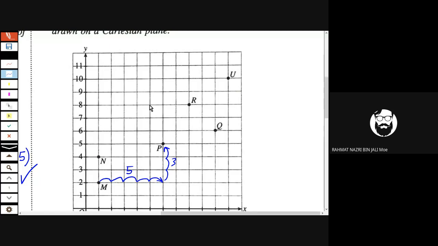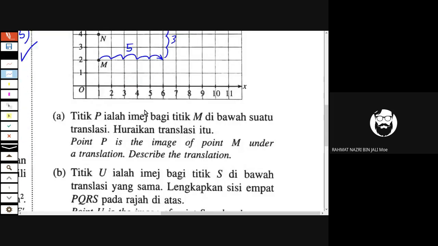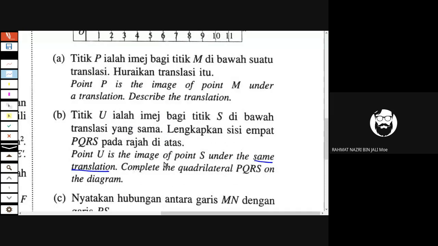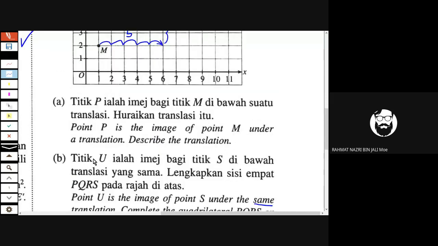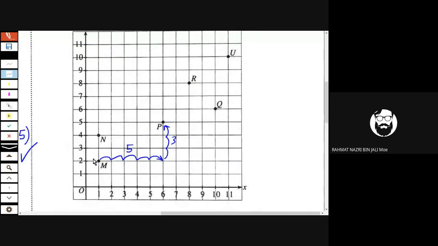Mungkin S akan berada di sini lah. Dan S dia sudah mention tadi, the point U is the image of S. Dekat mana U ni? Ini ialah U. Point U is the image of S under the translation 5, 3.